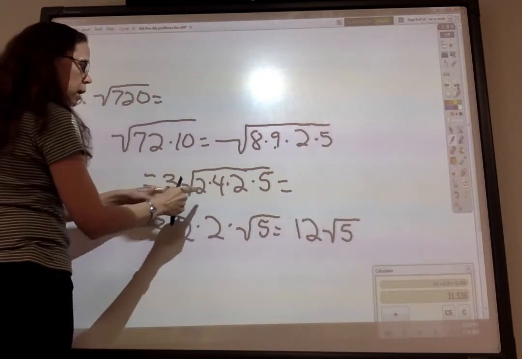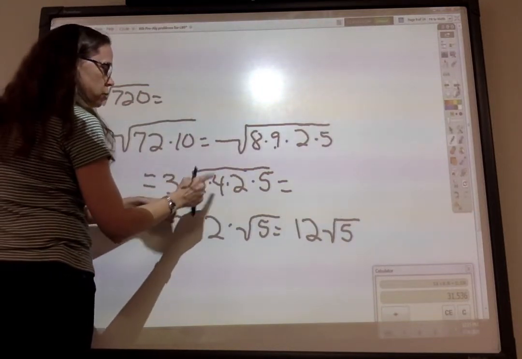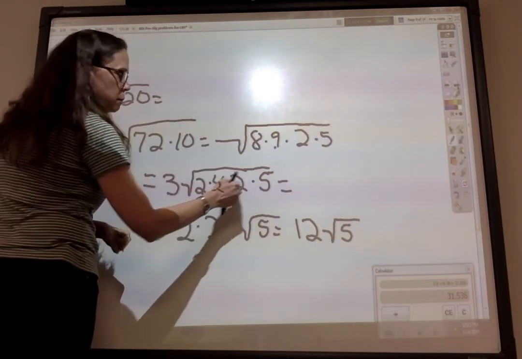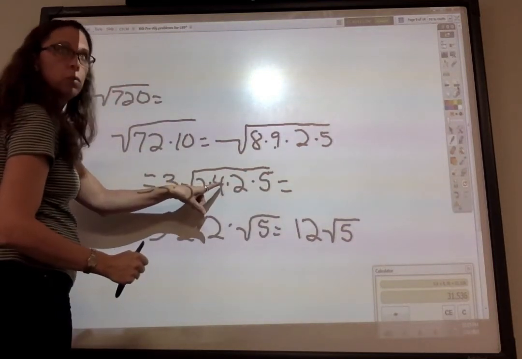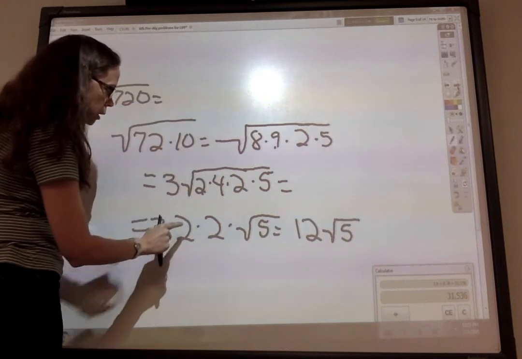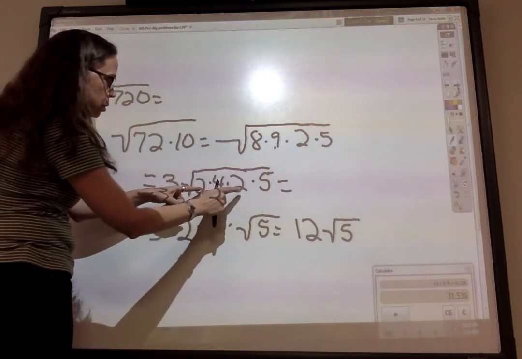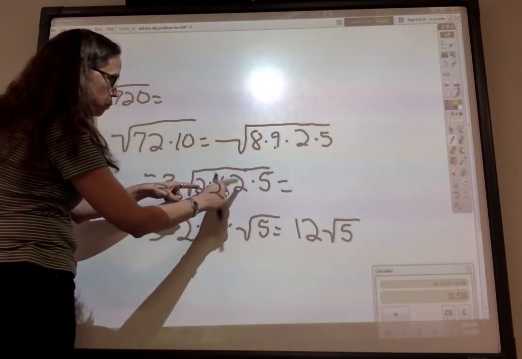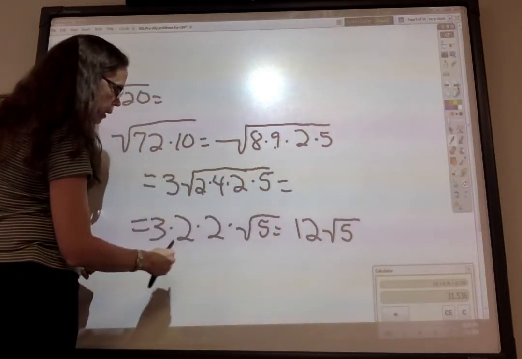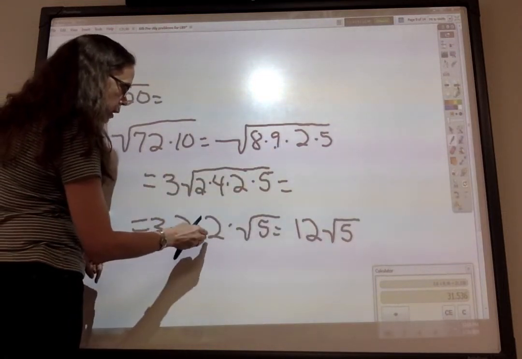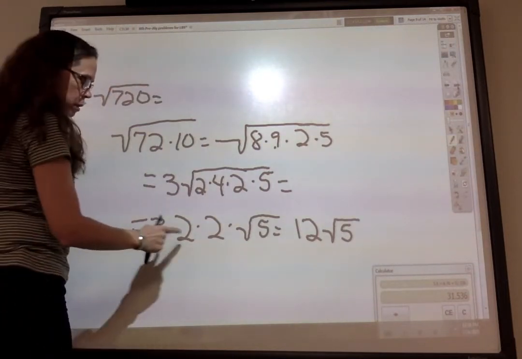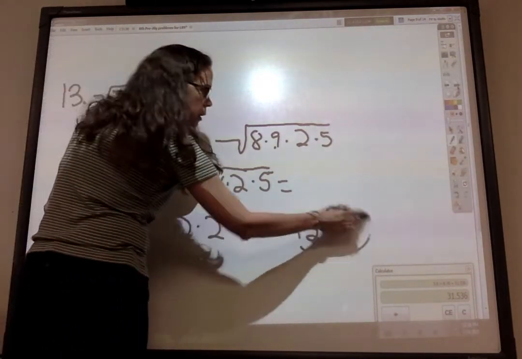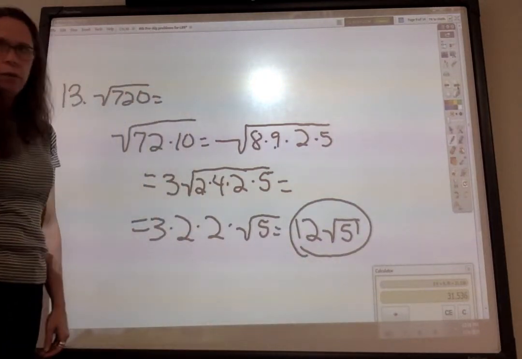And then I took my 8 and broke it down into 2 times 4 times 2 times 5. And then I thought, well, 4 is a perfect square, so I can bring a 2 out. And then I have 2 2's, which is another 4, so I can bring another 2 out. So that gave me 3 times 2 times 2 on the outside, and radical 5 on the inside, which is a final answer of 3 times 2 times 2 is 12, and then I have radical 5.